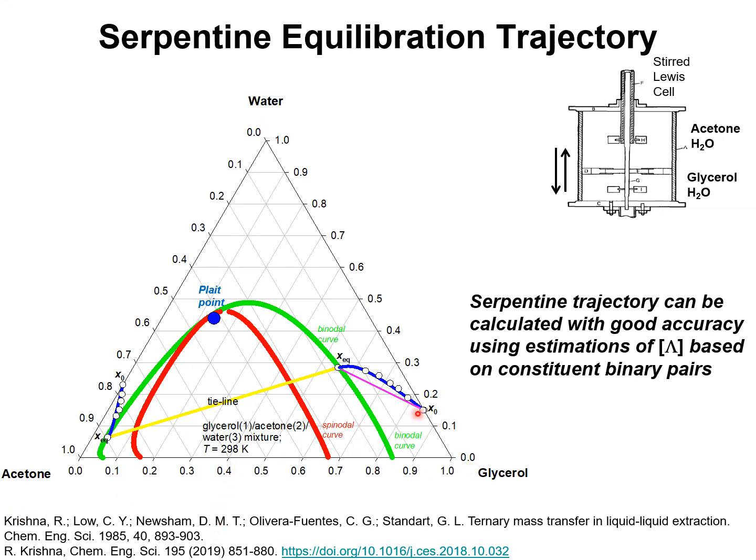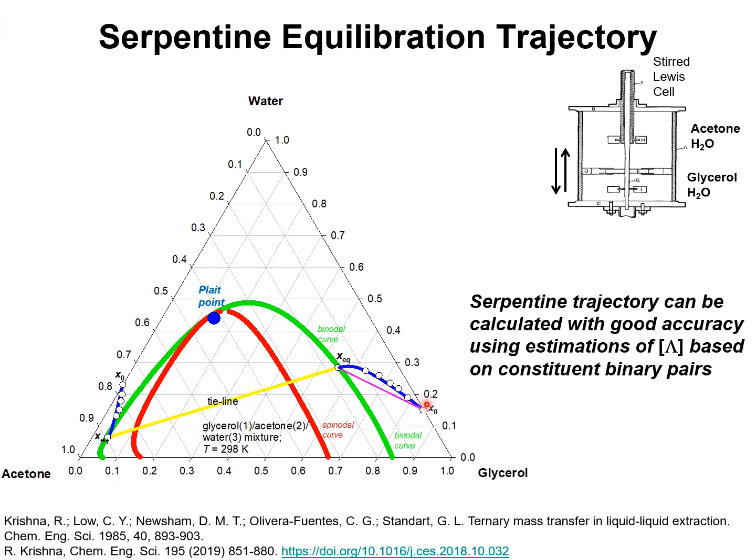So the serpentine trajectories can be predicted from the data on thermodynamic non-idealities, along with data on the diffusivities of the corresponding binary pairs.